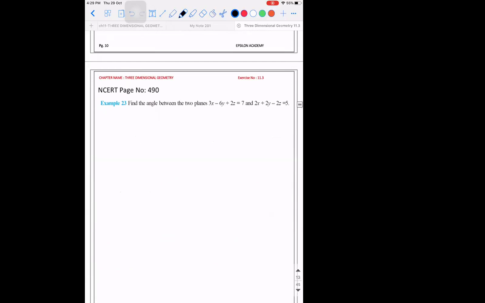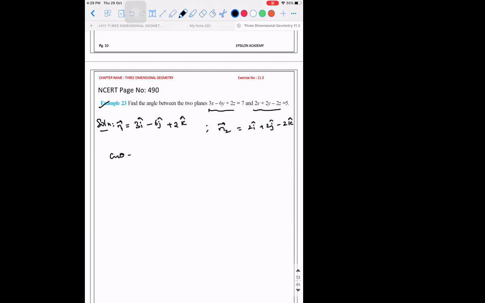See, again, they're asking to find the angle between the two planes. Can you guys do it fast? So n1 vector is equal to 3i cap minus 6j cap plus 2k cap. n2 vector is equal to 2i cap plus 2j cap minus 2k cap.